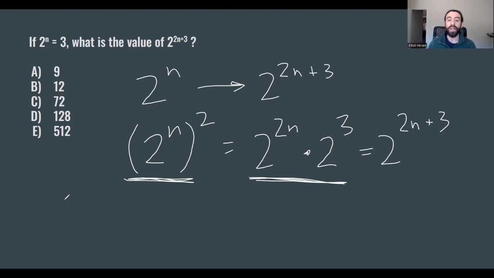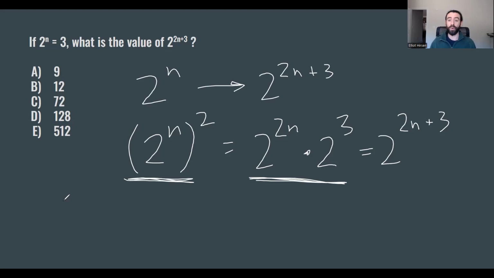Okay, so now that I know how to get from 2 to the n to 2 to the 2n plus 3, we can come back and ask, how do we proceed with solving? Well, we haven't used all the information they gave us in the question yet. We know that 2 to the n is equal to 3, the question tells us. So now it's a matter of some simple substitution.